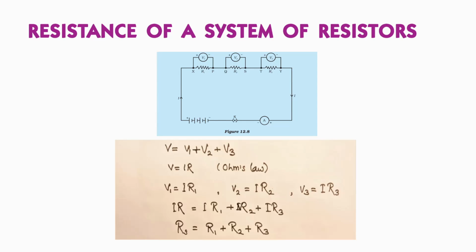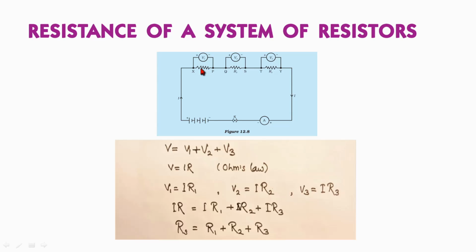Now let's see the resultant resistance of a combination of resistors in series pattern. In series pattern, we see that the current is coming through this wire. First it is going in R1, then it is going in R2, then it is going in R3. By Ohm's law, we know that V is equal to IR. The potential difference across the resistance is equal to the current flowing through the resistor times the resistance of the resistor.